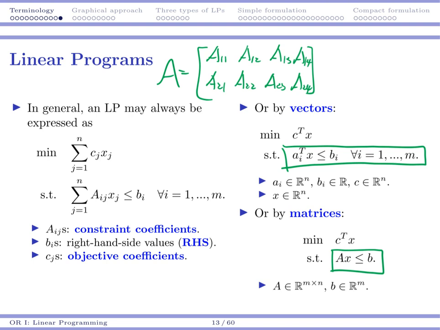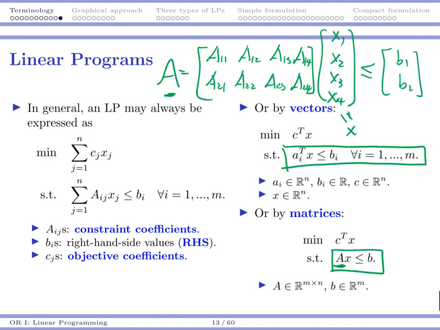That means we have 2 constraints and 4 variables. This is going to be multiplied with x1 up to x4, the column vector here. So A is this particular matrix. x is this particular vector. Once you do the multiplication, they should be less than or equal to b1 and b2. You have this part, right?